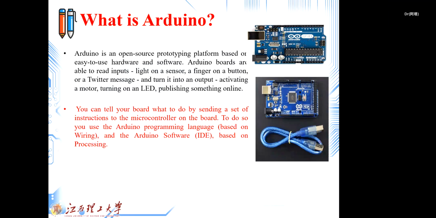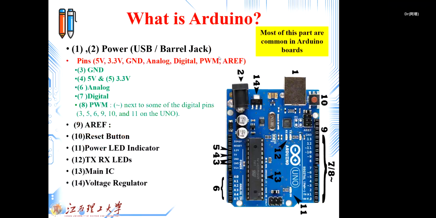Along with this board, you need one piece of software which we call the IDE, or Integrated Development Environment, and do some settings inside the IDE, which I will teach you today, to establish the connection between the IDE and the board that you have.